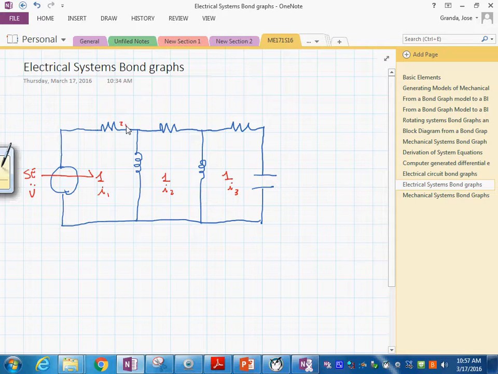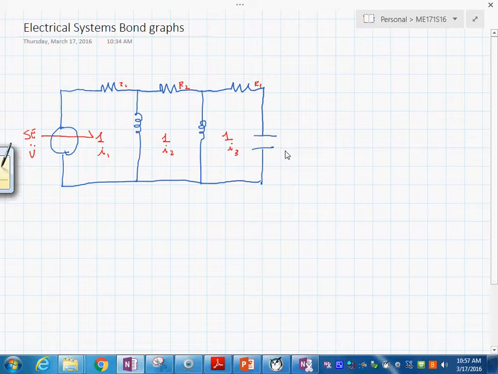This other one also is the current with value R sub 2. This R element is this current here, with value R sub 3, and this other one would be a C element with value C.